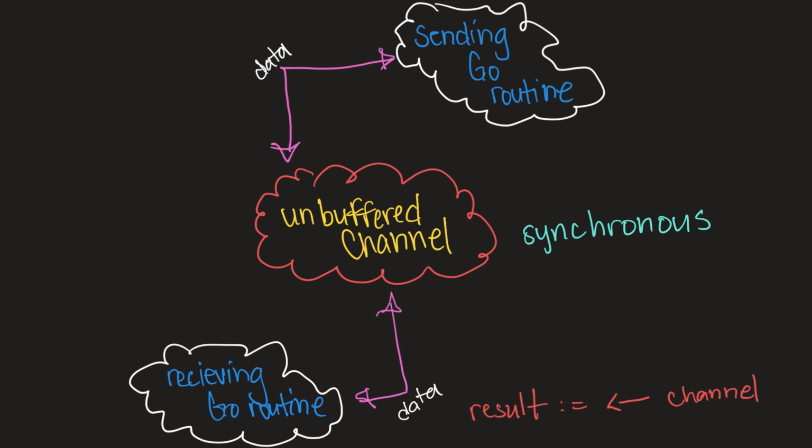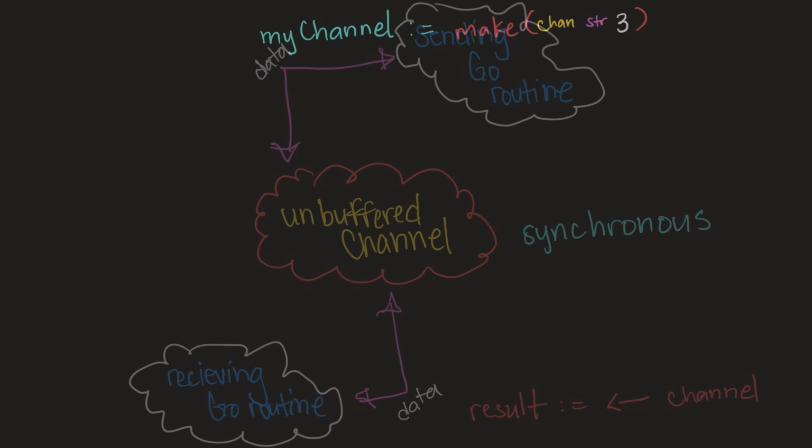Because synchronous communication is when the sender needs to await the response from the receiver. So the sender is blocked until there's a response from the receiver. And in this case, the response comes through the channel. So you can think of it as the channel informing the sender that the receiver has received the data, and that's what allows the sending goroutine to leave that waiting state.